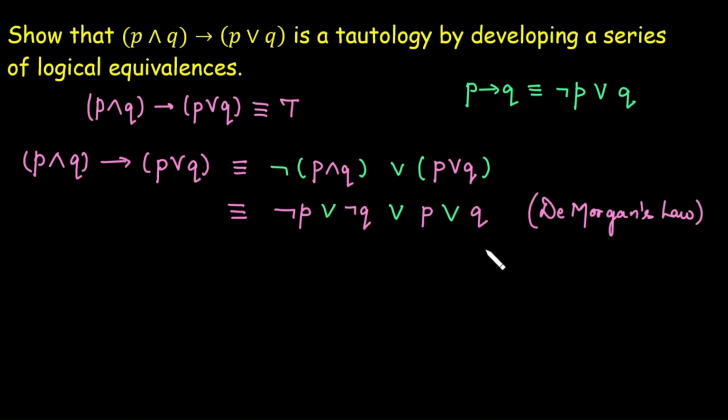Now what to do in the next step? You can observe that negation P or negation Q does not give any simplification, and even P or Q does not give a simplified form. But if we swap these two, then we can operate negation P or P as well as negation Q or Q. We can directly swap because the operators are the same.